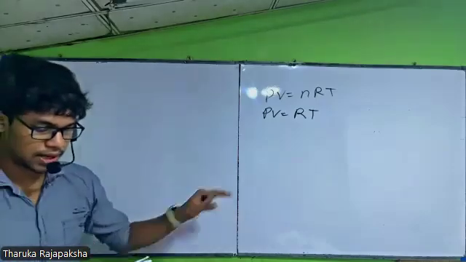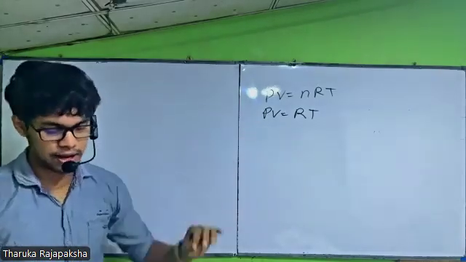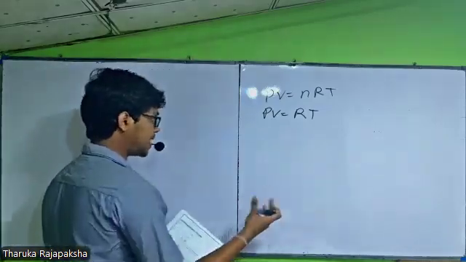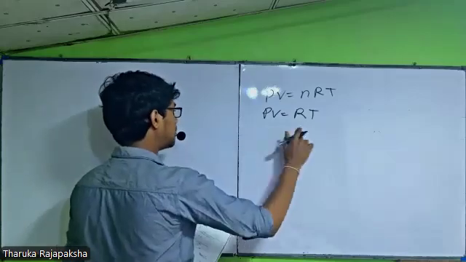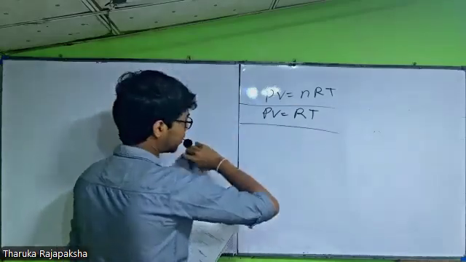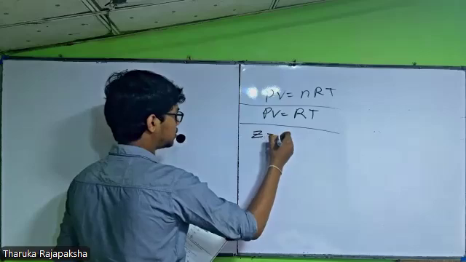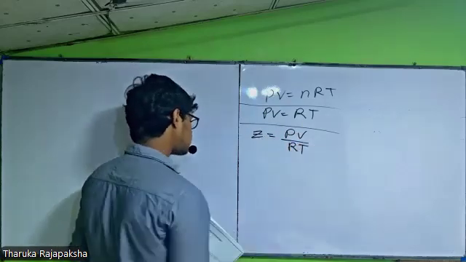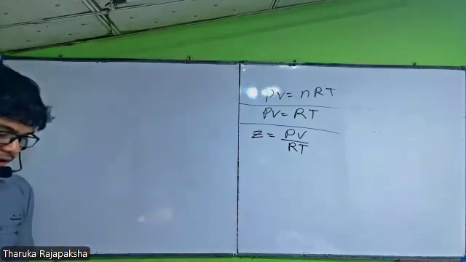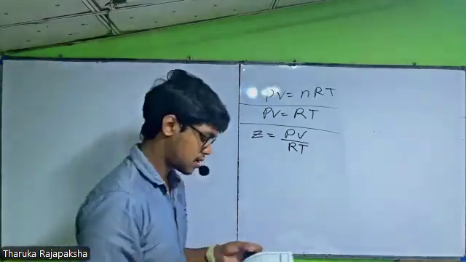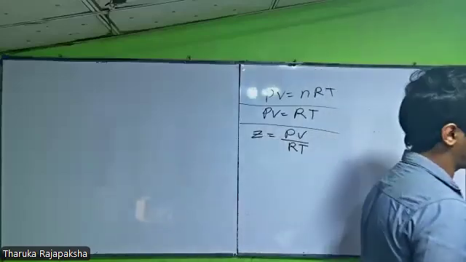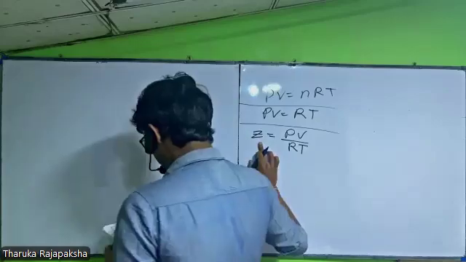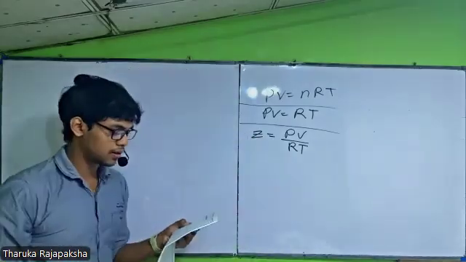Then for a real gas, with the same number of moles considered, we can write Z is equal to PV over RT. Here, Z is known as the compressibility factor.